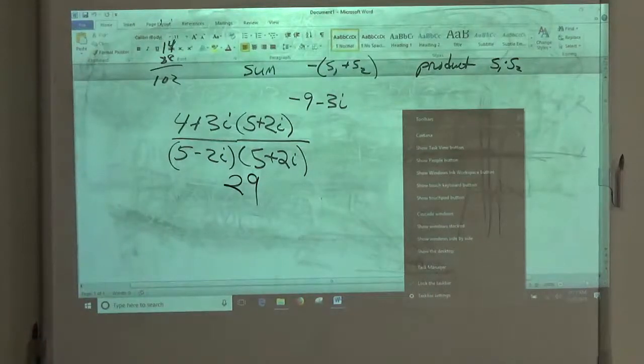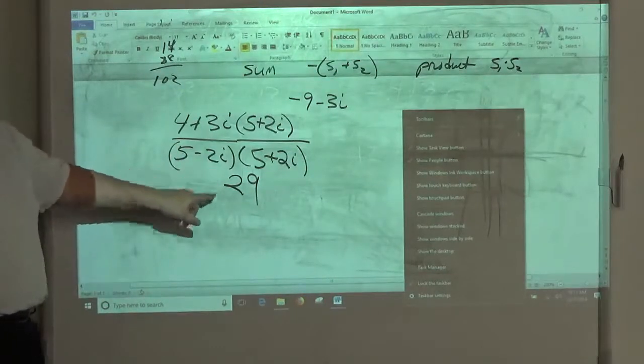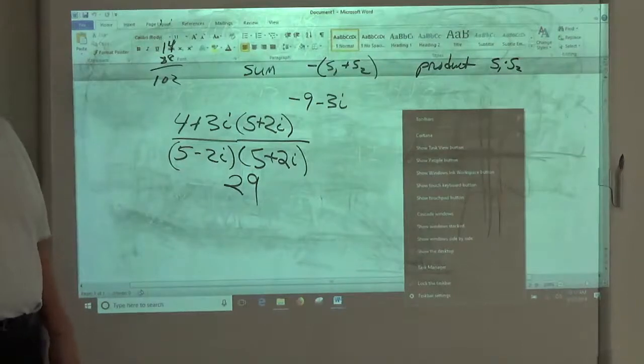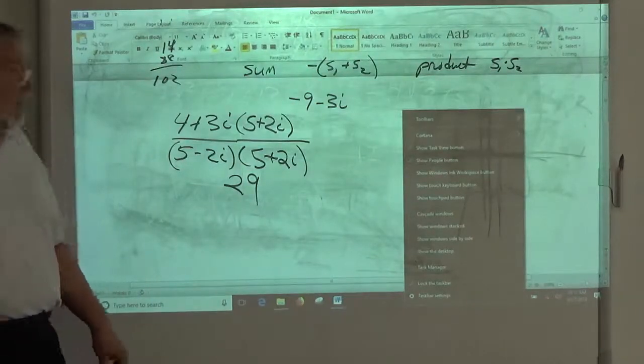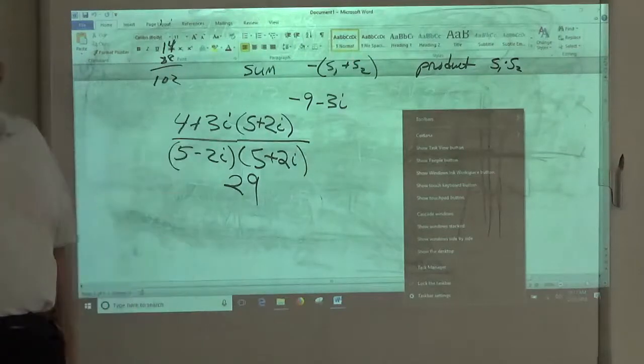That's the reason I'm trying to point that out to you. Without the i, it would be the difference of squares, which would be 25 minus 4. Because it has the i and it's a complex number, it's the sum of squares, 25 plus 4. Now what happens on the top?